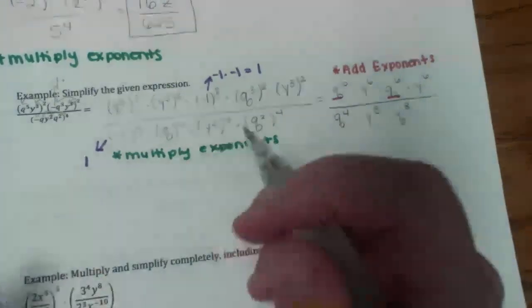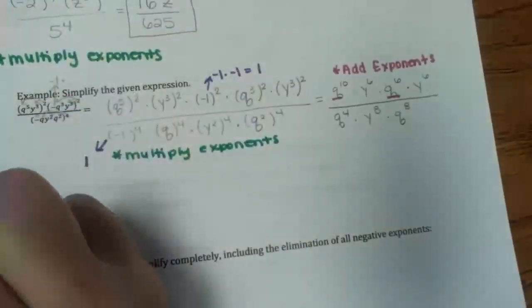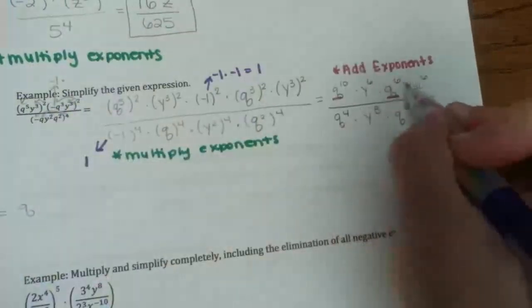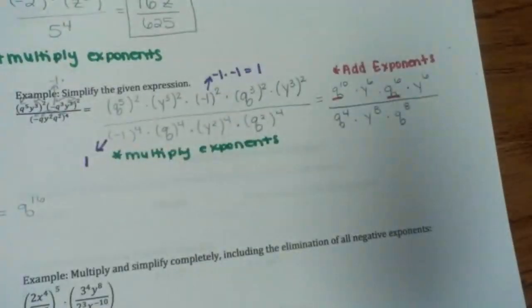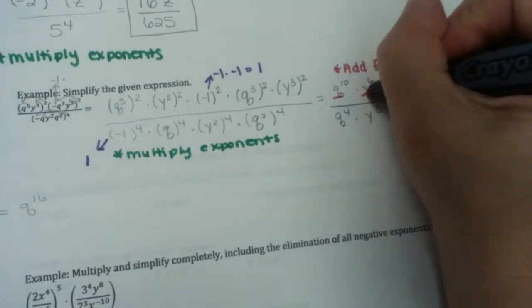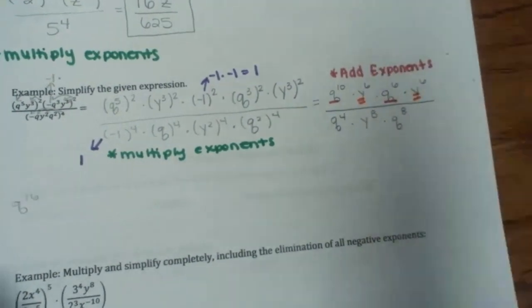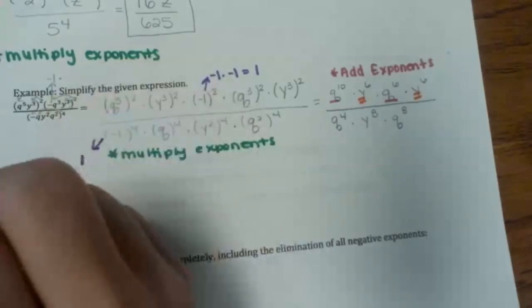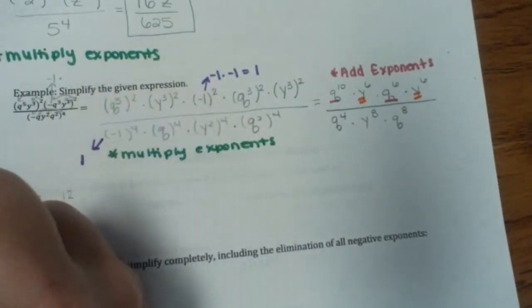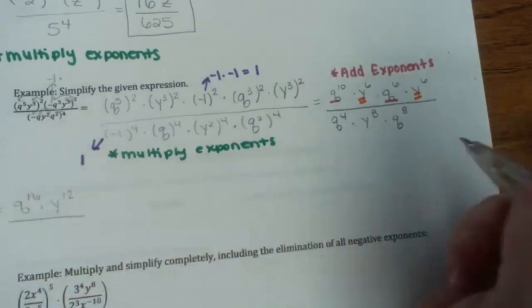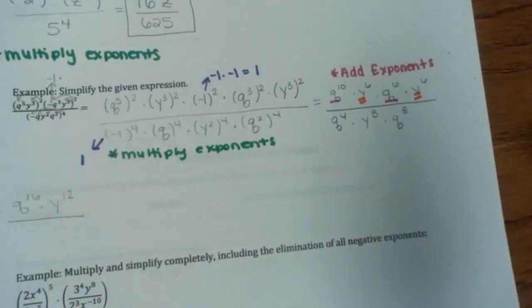So q, 10 plus 6 would give us 16. Likewise, we have y to the 6th times y to the 6th. Again, we are multiplying two exponential expressions together, so we can combine them by adding our exponents. So y to the 6th plus 6 would give us y to the 12th, all over the same thing on the bottom.